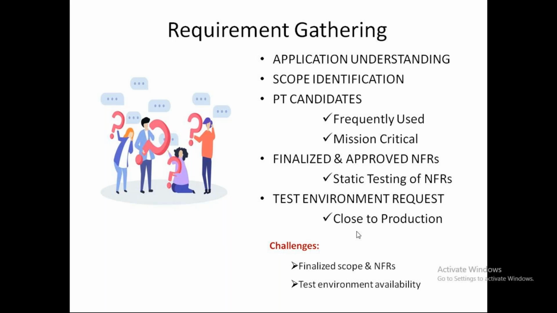Based on the requirements given, the architecture team will come up with a design for the production environment. They will propose a design that yes, this design will be able to cater to the requirements.